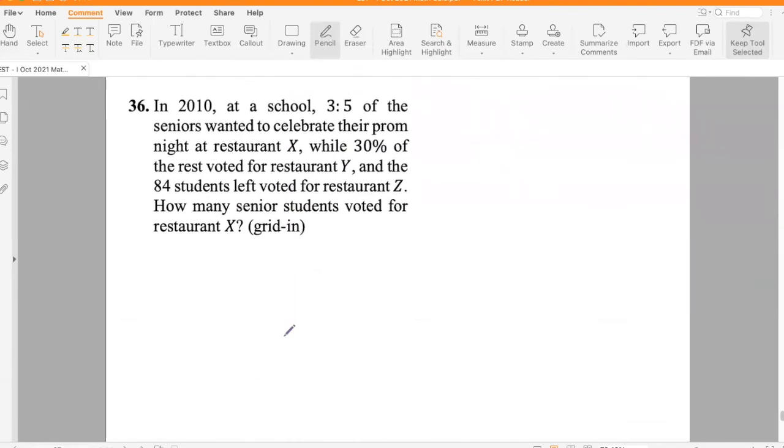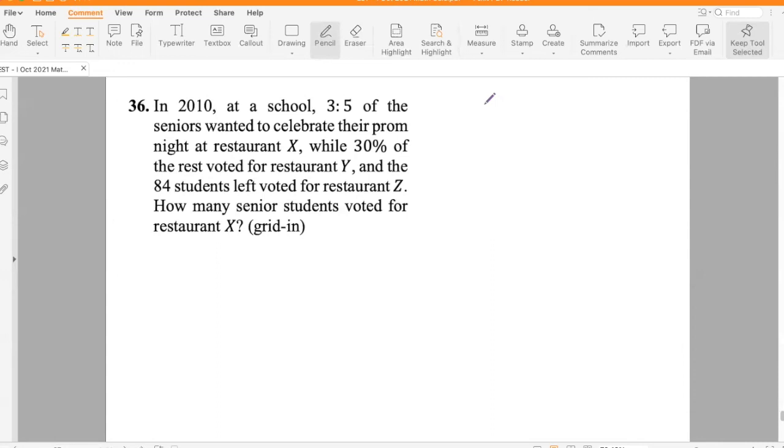In 2010, at a school, 3/5 of the seniors wanted to celebrate their prom night at restaurant X. And 30% of the rest voted for restaurant Y, and the 84 students left voted for restaurant Z. How many senior students voted for restaurant X?